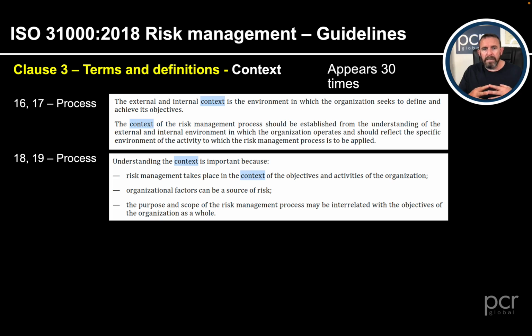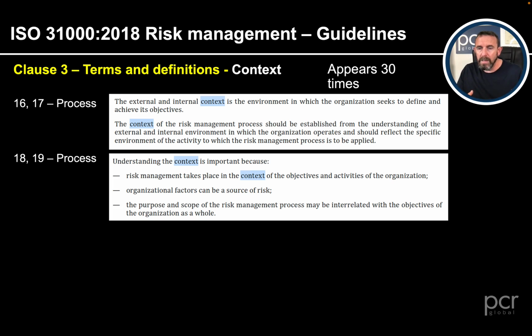18 and 19. Understanding the context is important because risk management takes place in the context of the objectives and activities of the organisation. Again, it's relating to doing risk management, following the risk management process, the 6 steps, and it's telling us that that takes place where the organisation is trying to achieve its objectives. That is generally outside of the organisation.